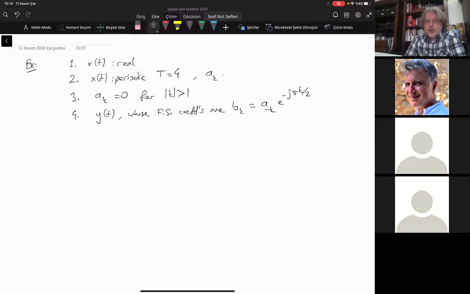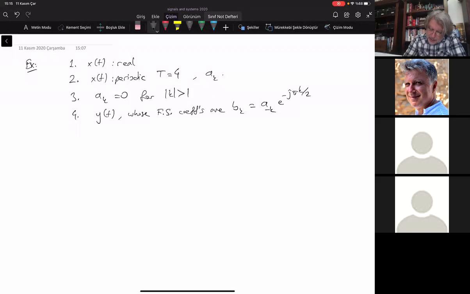This is given to you because of the system that generates y of t from x of t. It's like a mirror. That mirror is reflecting the signal and altering the phase, which makes this kind of an indirect measurement.